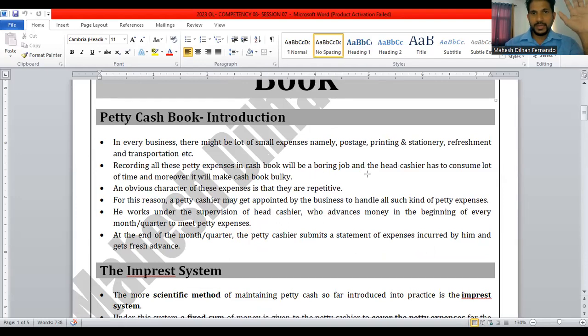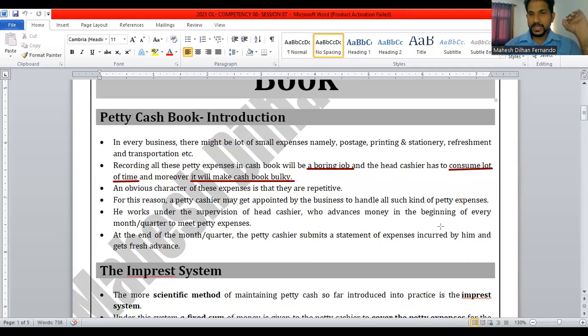It might be a boring job. The head cashier has to consume a lot of time. And moreover, it will make the cash book bulky. Are we clear? Great.